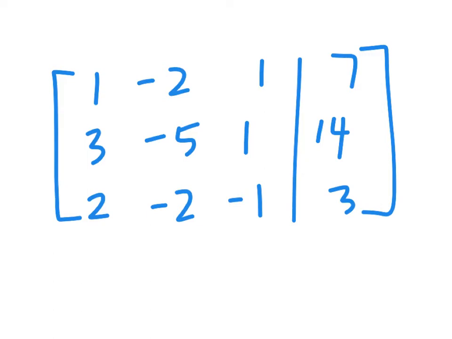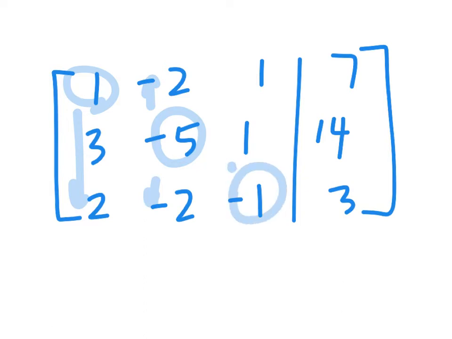So I always get the 1. And then I go down and I make it 0. And then I make this next one 1. And then I make the other ones 0. And then I go to this one. And then I make the other ones 0. If I don't do it in this way, I sometimes have to go back and fix my mistakes. So it's just better if you do it systematically.